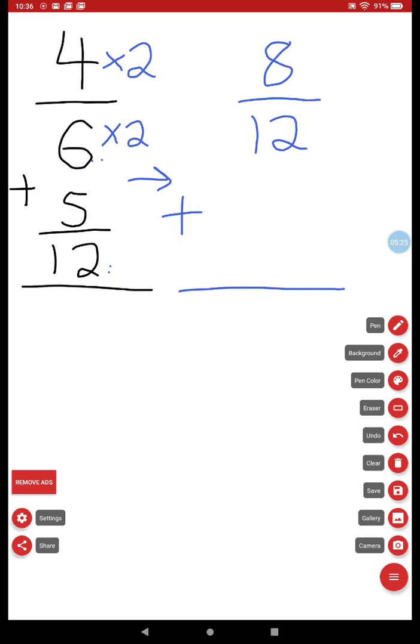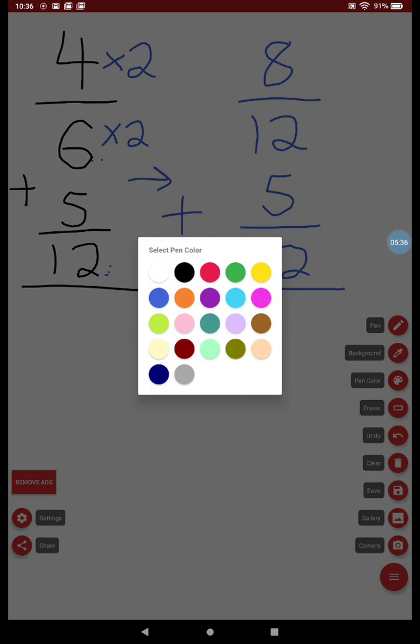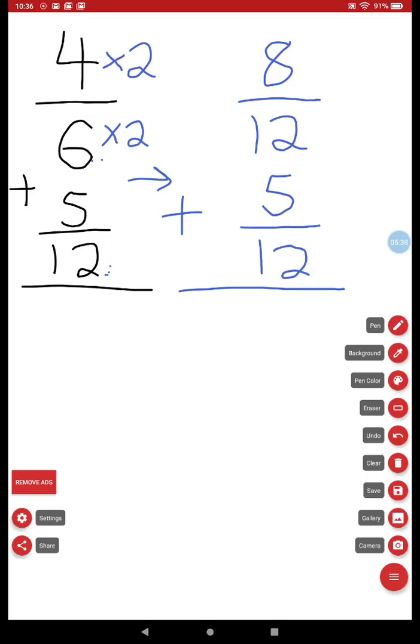Now, because this one already has a denominator of 12, I don't need to multiply. I can just keep it the way it is. All right, now let's go ahead and add the numbers together. Remember, when I add until I simplify, I'm going to keep that denominator the same. Now let's add. 8 plus 5 gets me 13. Okay, so I got 13 twelfths.